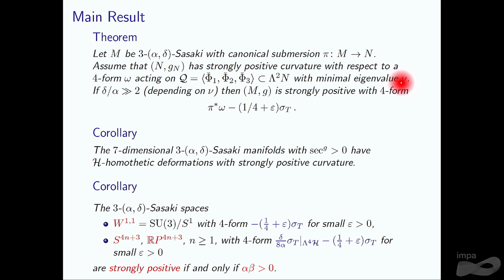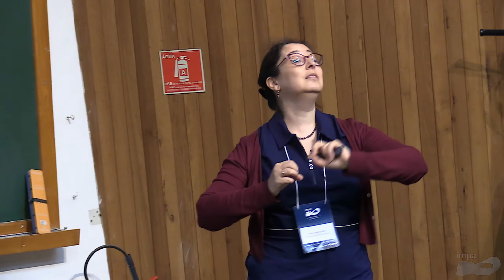So it may have larger eigenvalues, but nu should be the smallest one. And the claim is, if the quotient delta over alpha is sufficiently large, so I'm saying this is a condition, I can write it down in an equation. The equation doesn't tell you anything, but if you look at the equation and coefficients, you realize you can always achieve that it is sufficiently large, so there are solutions.